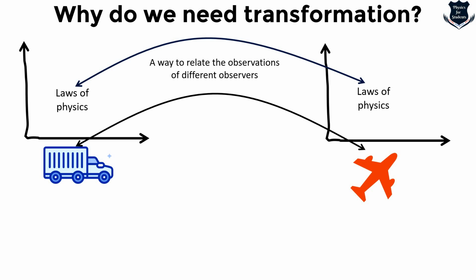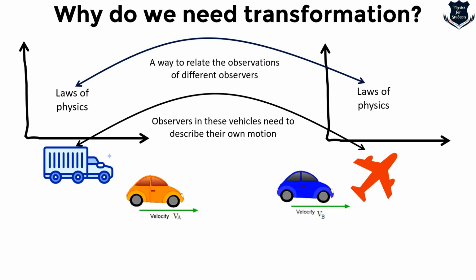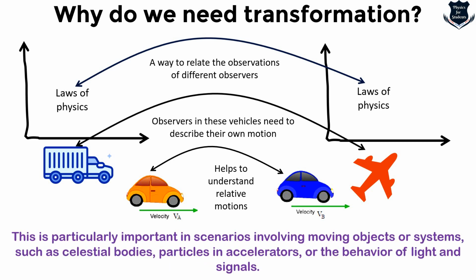So a transformation was required. The third thing was that to understand the behavior of objects in relative motion, we need a framework because that connects the observations of different observers. This is particularly important in scenarios involving moving objects such as celestial objects, particles in accelerators, or behaviors of light and signals. So that is why we need to understand how the relative motions work.